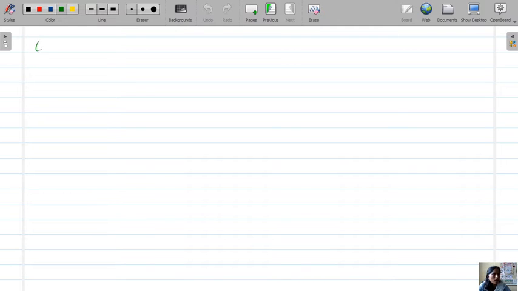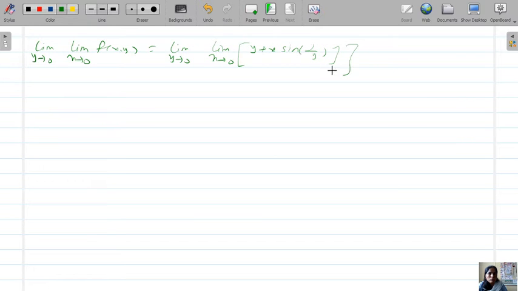Next is limit y tends to 0 outer, limit x tends to 0 inner, f of xy, which is limit y tends to 0, inner limit x tends to 0, your function y plus x sine 1 upon y. So this bracket you have to simplify first.